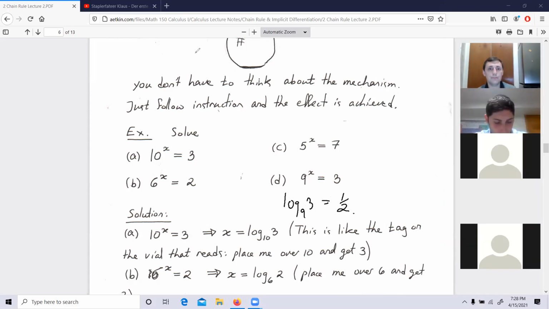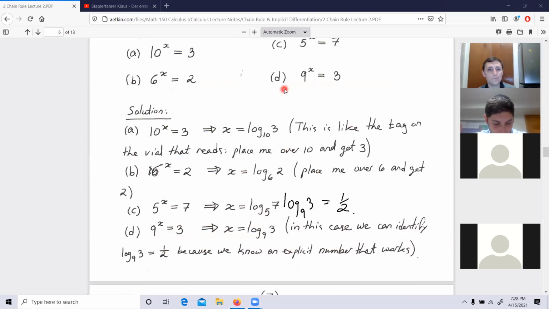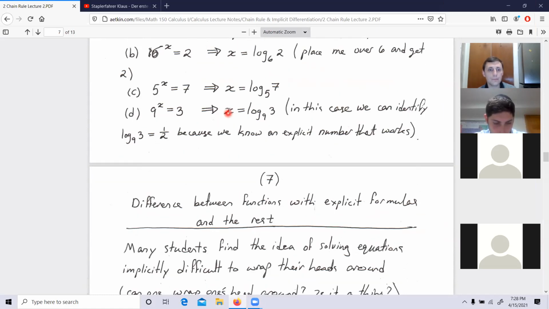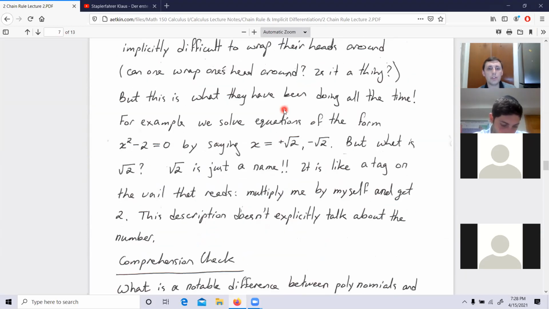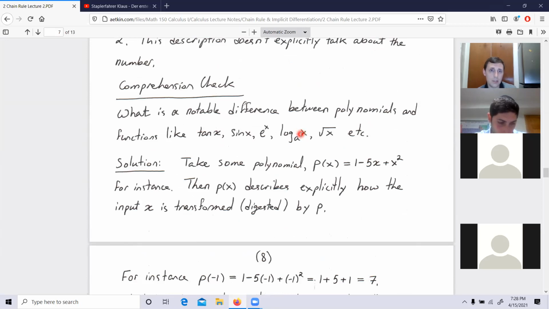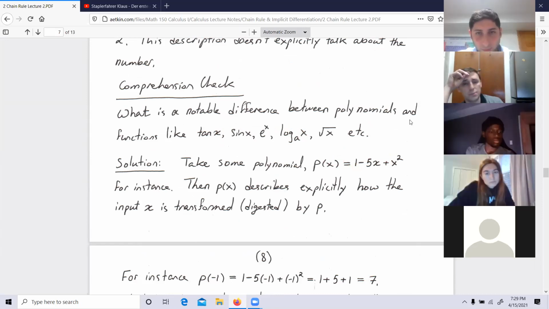Good? So here we mentioned a little bit about the difference of explicit functions and not. Polynomials, if you remember, guys, are the functions I consider explicit because I see that the formula is displayed for me, because I understand how to process using addition and multiplication.